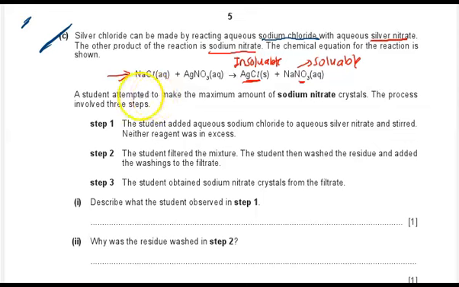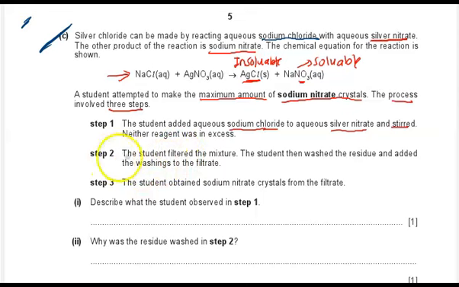The student attempts to make the maximum amount of sodium nitrate crystals. The process involves 3 steps. Step 1, the student added aqueous sodium chloride to aqueous silver nitrate and stirred. Neither reagent was in excess.